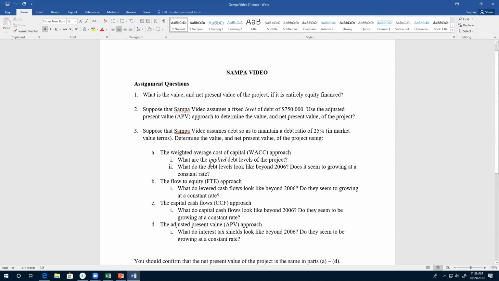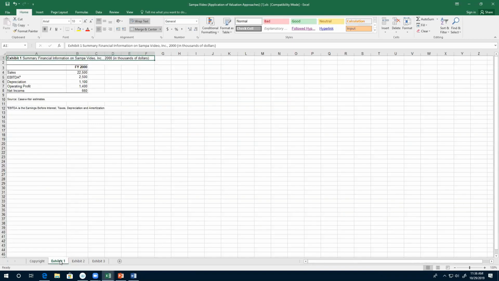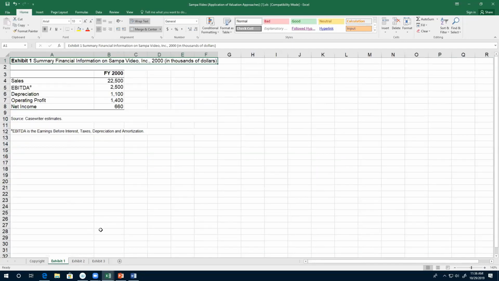The way we've implemented these approaches in the Tex-Mex case, you should be able to see the flow of things here as well. So again, for those of you who didn't look at the case, this is the forecast that was given for just the year 2000.